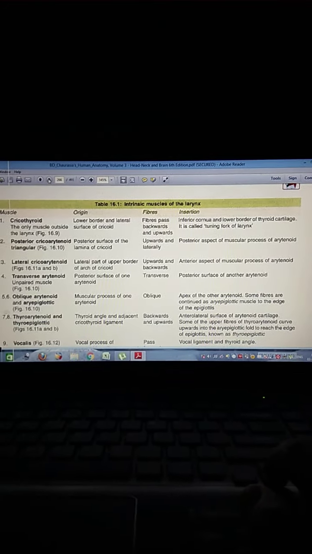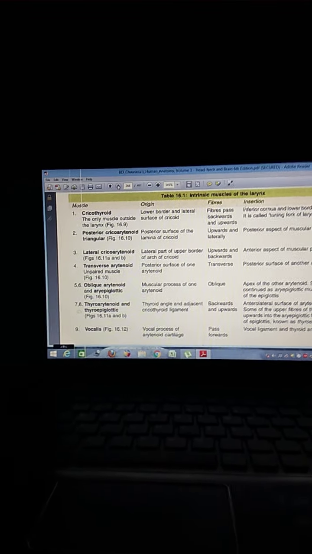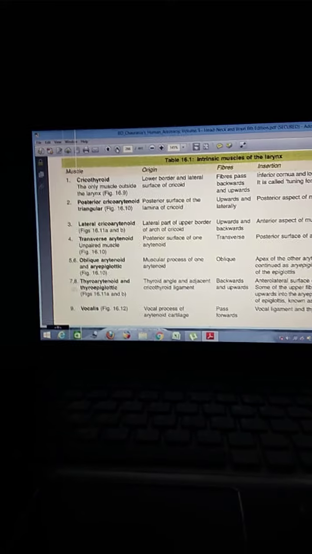The cricothyroid causes a rocking movement of the thyroid forwards and downwards at the cricothyroid joints, tensing and lengthening the vocal cord. Now this is table number 16.1, intrinsic muscles, their origin, insertion.